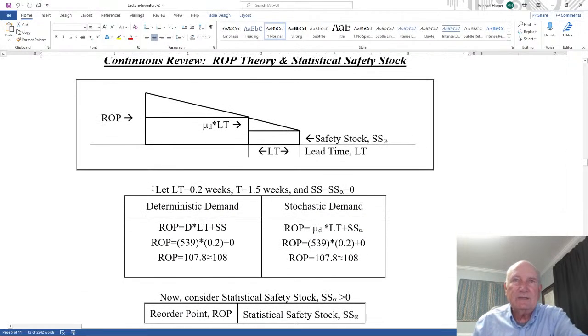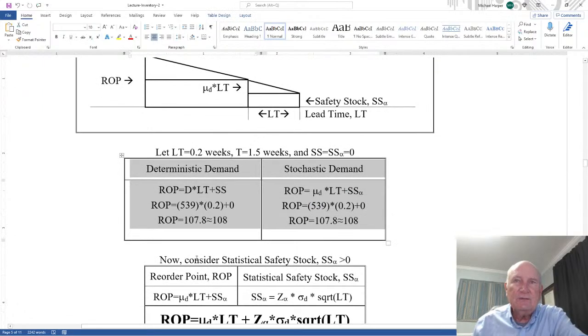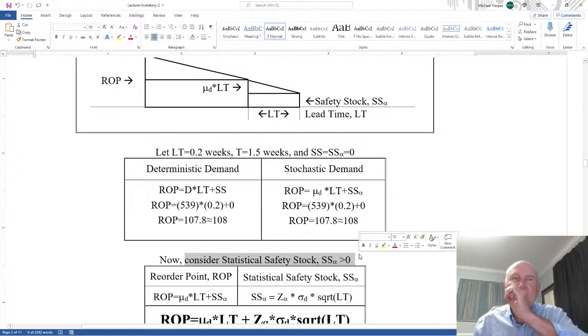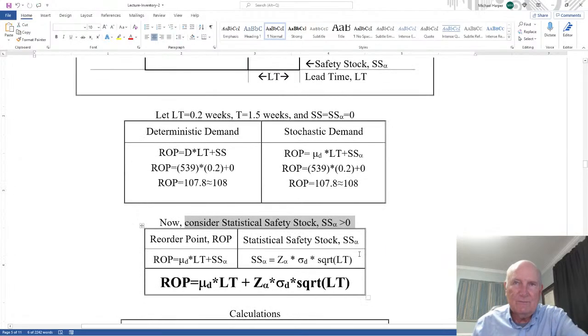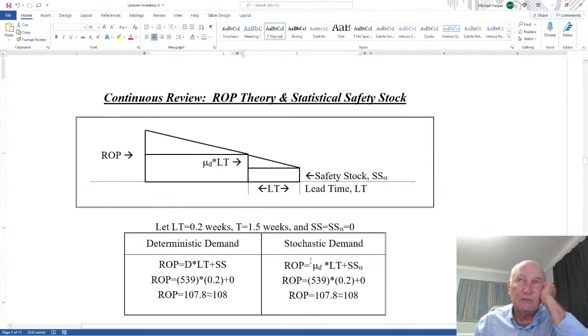Okay, so let's let our lead time be 0.2 weeks. Our inventory period is 1.5 weeks. Our safety stock is 0. I repeat that here. Now, consider the statistical safety stock, which is greater than 0. The reorder point here is given by the mean times the lead time plus safety stock SS of alpha. The statistical safety stock is given by this expression, which we derived up here.